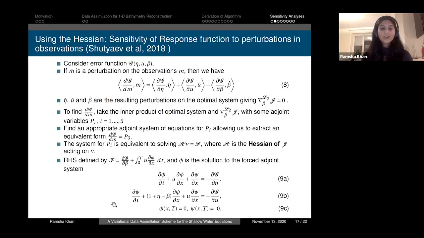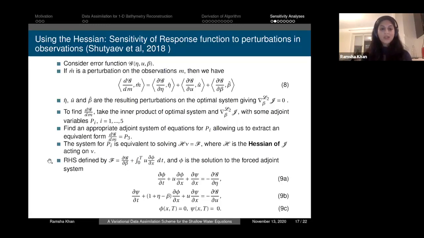And then essentially what we do is we repeat the process that we did before, where we take the inner product of the optimal system and the expression for grad J with a new set of adjoint variables, which allowed us to find another duality relation, so effectively another Lagrangian expression.